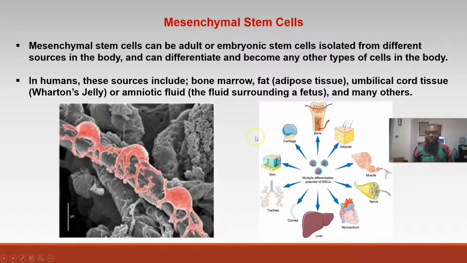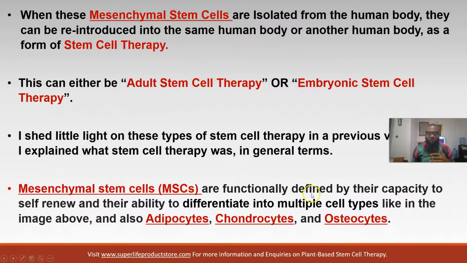Stem cells are found in almost all the tissues in the body: in the cartilage, in the skin, the trachea of the lungs, the cornea, the liver, the nerve cells, the muscle. Wherever there is growth of a cell and tissue in the body, there are stem cells in that particular location, right?